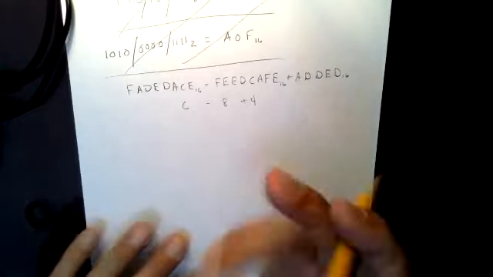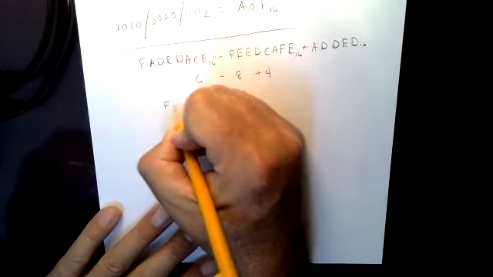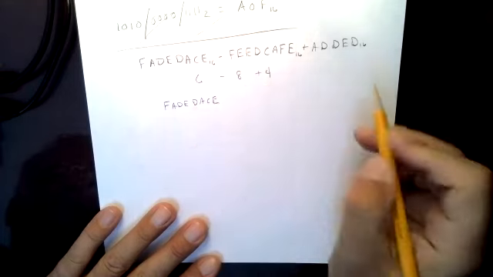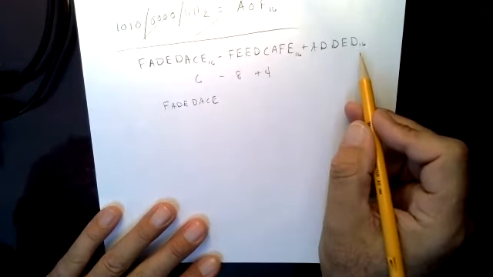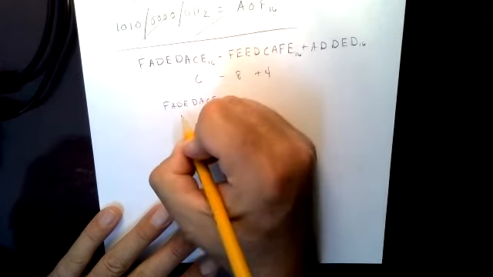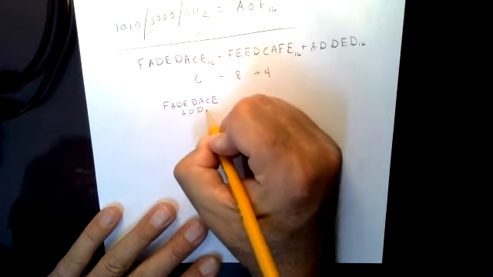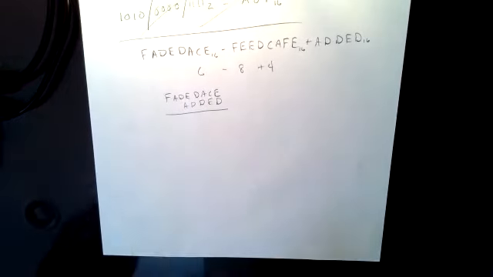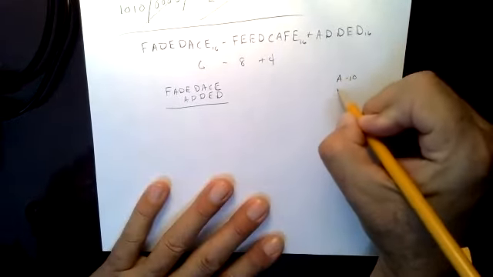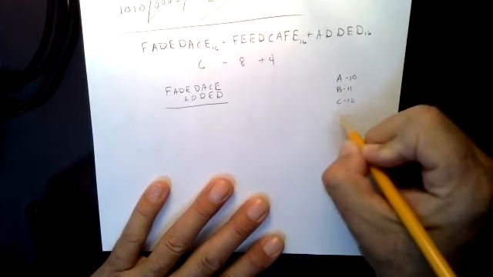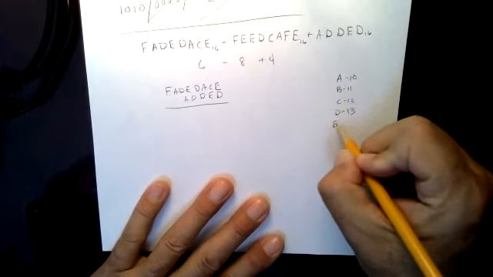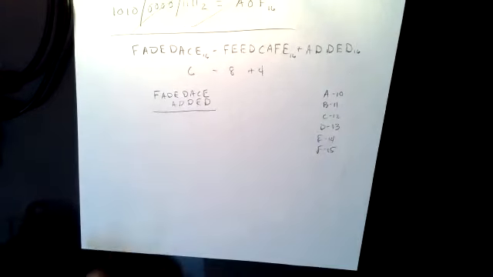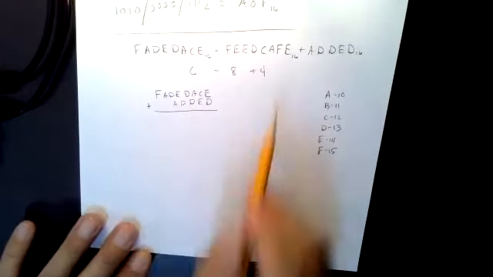Okay, so maybe I want to start by saying, what if I take FADE and ACE and add them? Because I'm allowed to do that. A is 10, B is 11, C is 12. I'm adding these two, right?